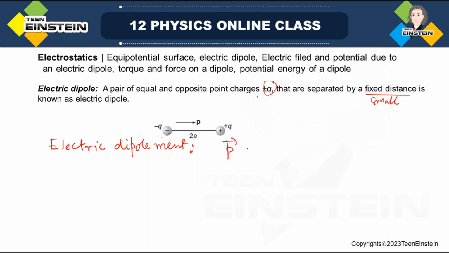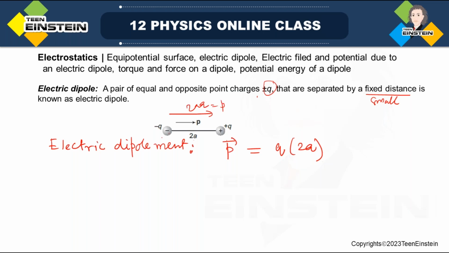It is defined as the magnitude of one of the charges times the separation, so 2aq.